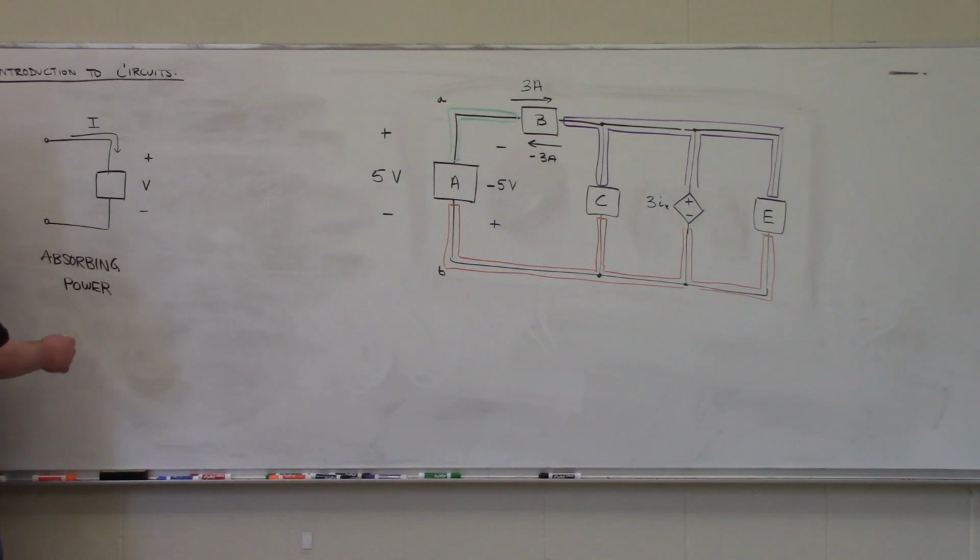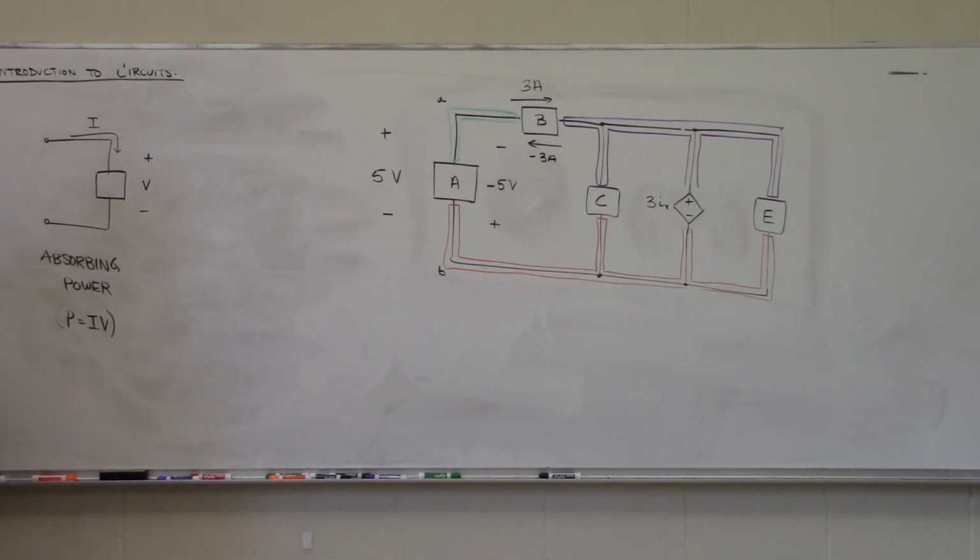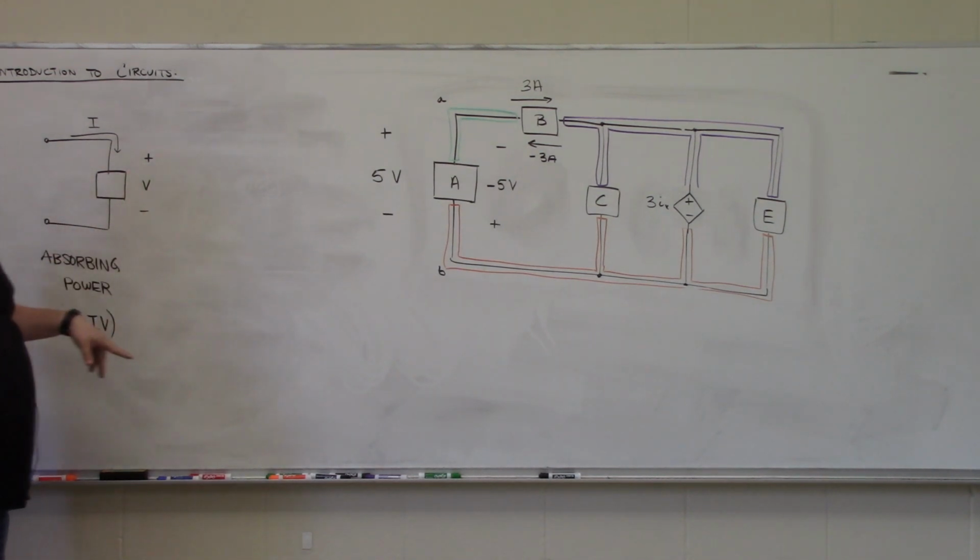And the amount of power that it is absorbing, P, is equal to I times V. This is regardless of whether or not this current has a positive or negative magnitude or this voltage has a positive or negative magnitude, okay?